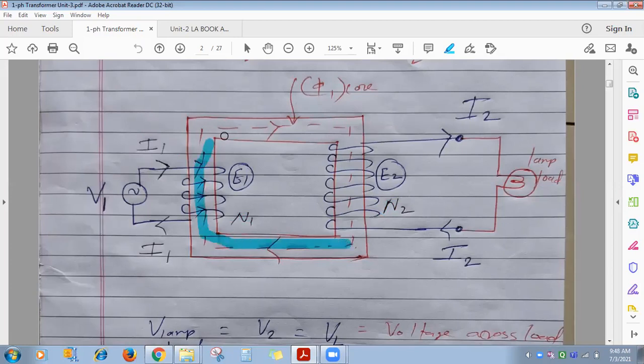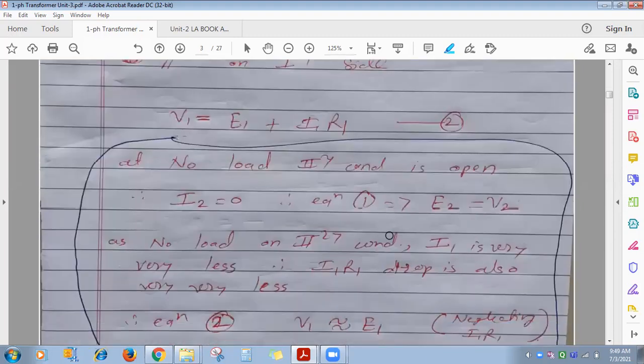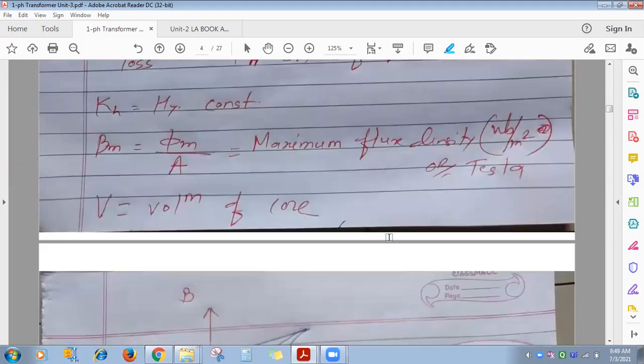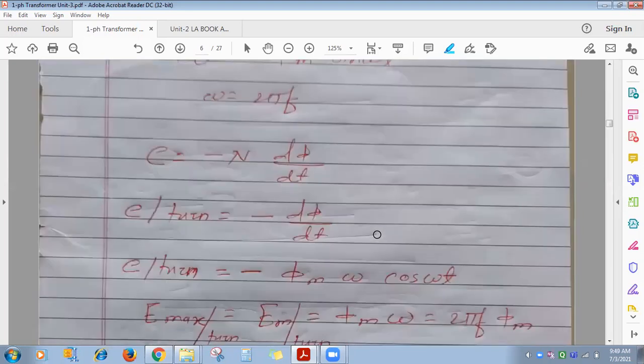And this is the changing flux phi. Here E1 is induced in a total of N1 turns, and E2 is also induced in a total of N2 turns. And it works on Faraday's law of electromagnetic induction. So we'll use these things to derive the expressions for E1 and E2.